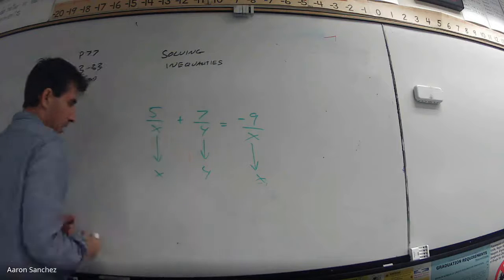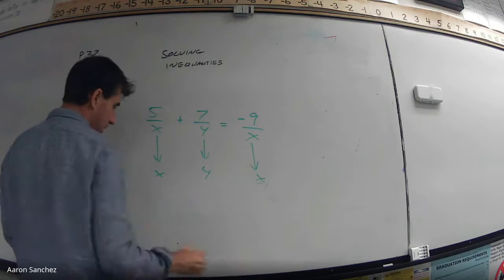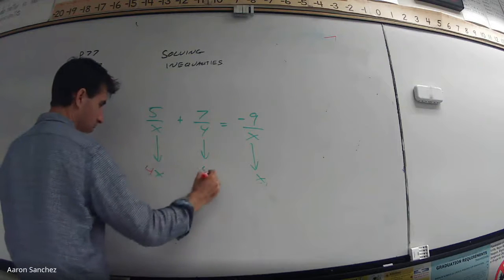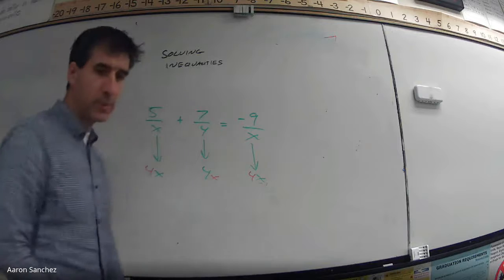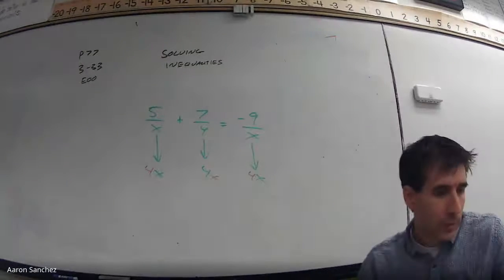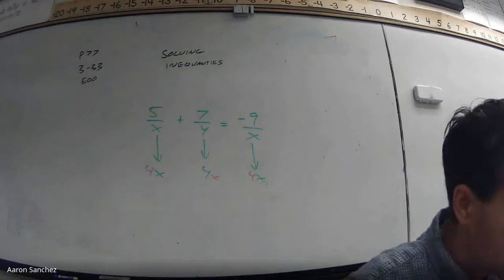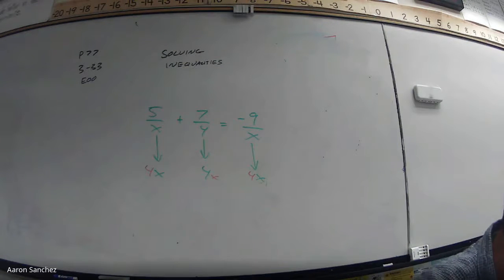Now, what do they need to be the same house? Well, this one has a 4, so this one should have a 4. This one should have an x. And then this one needs a 4. There's my least common multiple, 4x. So then you multiply everything by 4x to solve. You guys remember that?